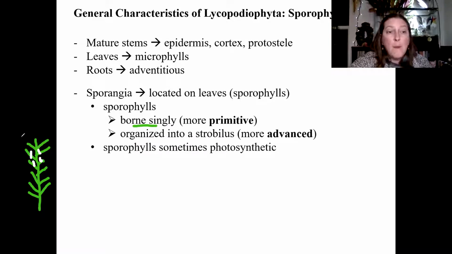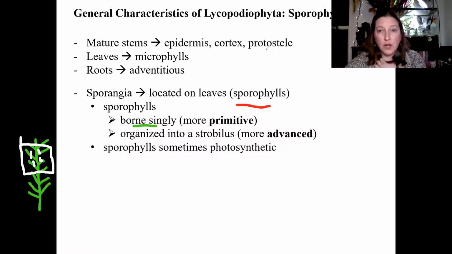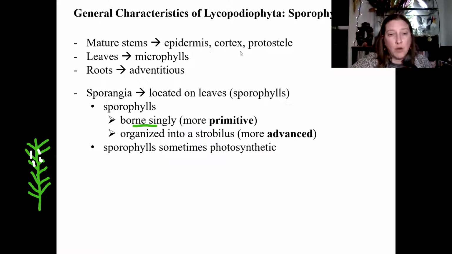But to be more clear and correct, the ones that have sporangia on them are called sporophylls. So sporophylls are microphylls that have sporangia on them. So that's an example of a more basic, primitive one. And I will draw a more advanced one using a different color green.